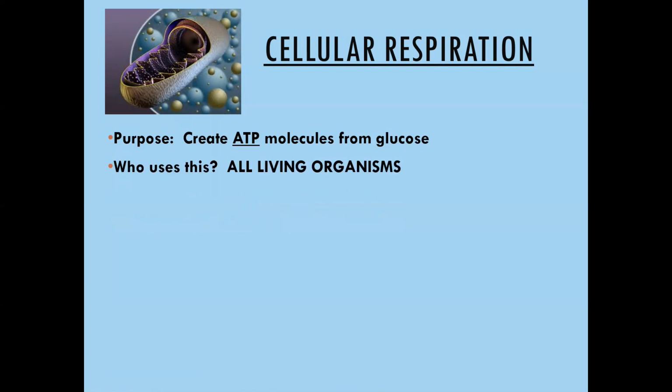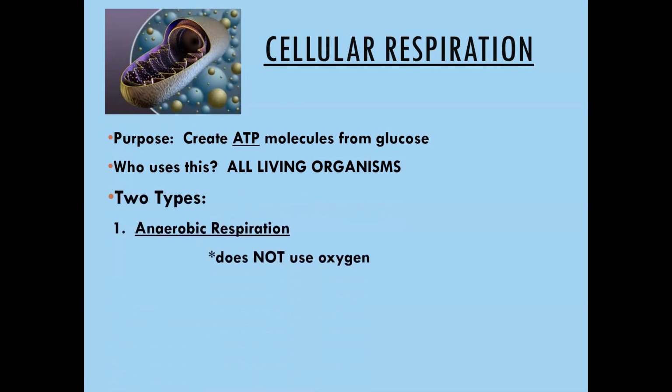Okay, so who uses this? All living organisms use cellular respiration, and there are two types. We have anaerobic respiration, which is going to not use oxygen. An is going to mean no, so no aerobic, and aerobic is going to mean oxygen, so not using oxygen.